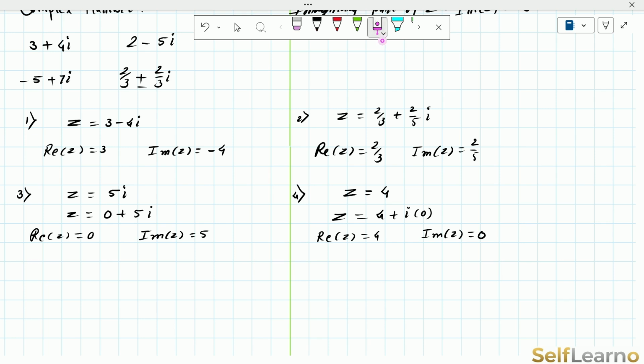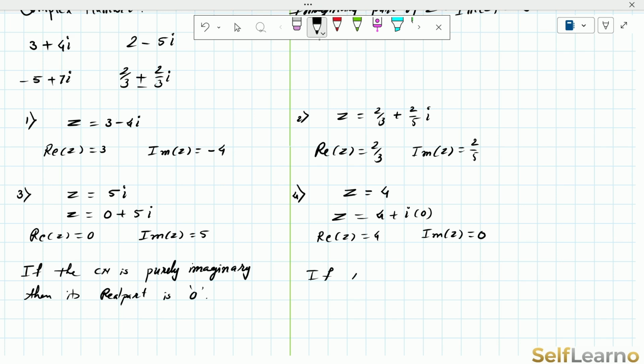See here, these are very tiny questions, but the concept is very important. We are going to use the same concept in excellence level questions. So let me write it over here. If the complex number is purely imaginary, then its real part is 0.